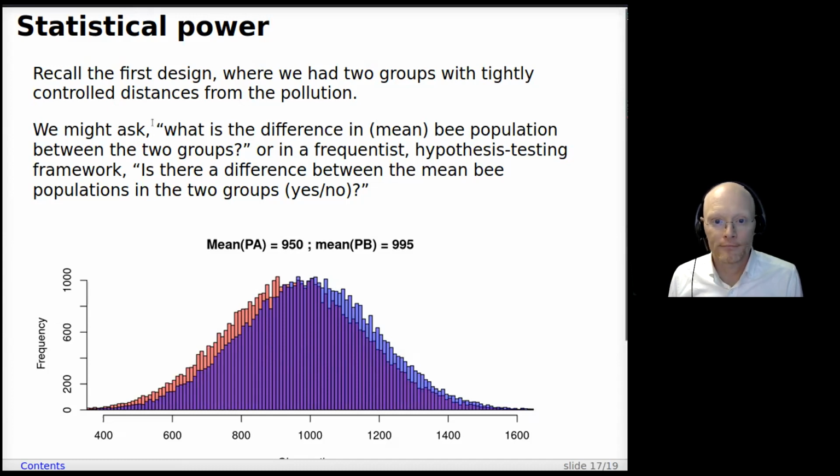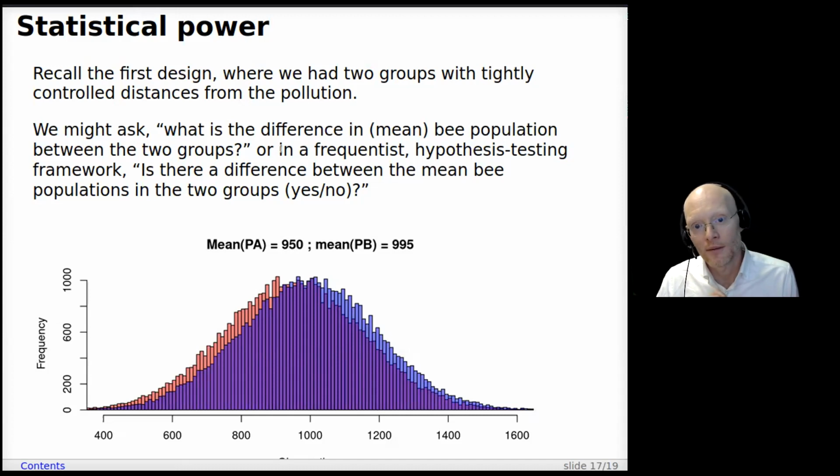Now, the nice way to ask this research question is, what's the difference in mean bee population between the two groups? We're going to spend some attention on a frequentist statistical approach in which we change questions like that into yes/no questions.